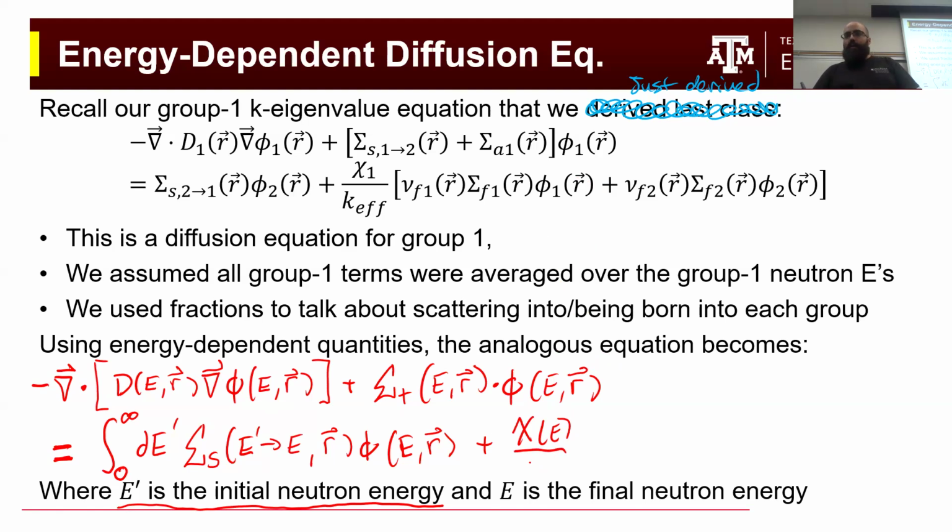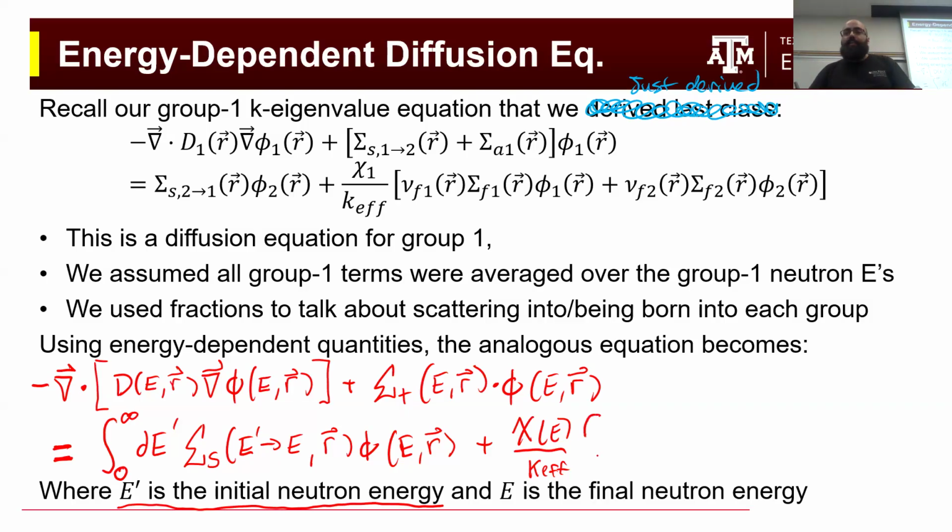It's going to have the 1 over k effective. And then here, instead of having production from group one and production from group two, I'm just going to look at the production into this group of my fissions caused by all other neutron energies.